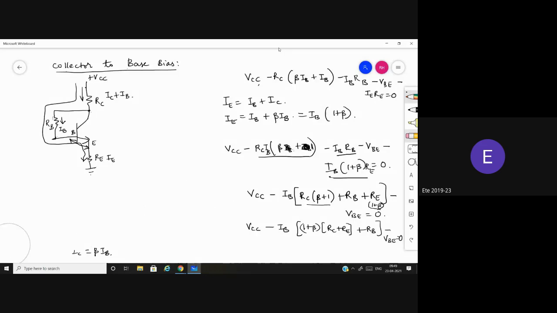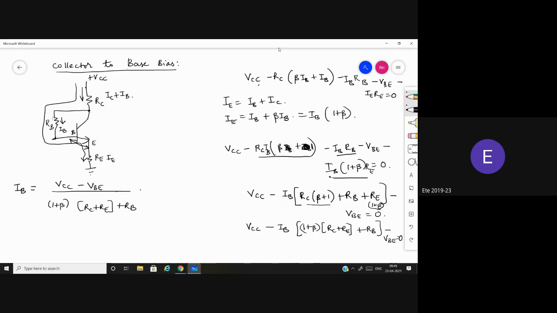So now we need to take the common term, the required term is IB. So IB is equal to VCC minus VBE divided by the rest of the terms will go down. 1 plus beta into RC plus RE plus RB.